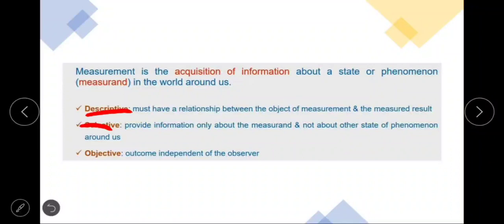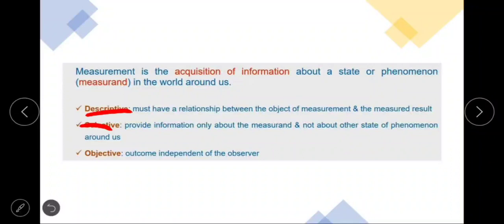So it should react to the temperature. It means it should filter out all those other parameters. It should not give any output corresponding to all those other parameters. It should give the output corresponding to the variable for which it is designed.